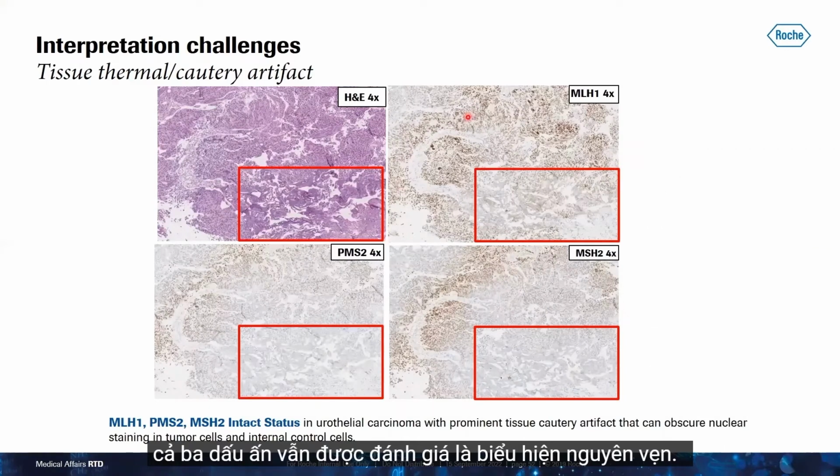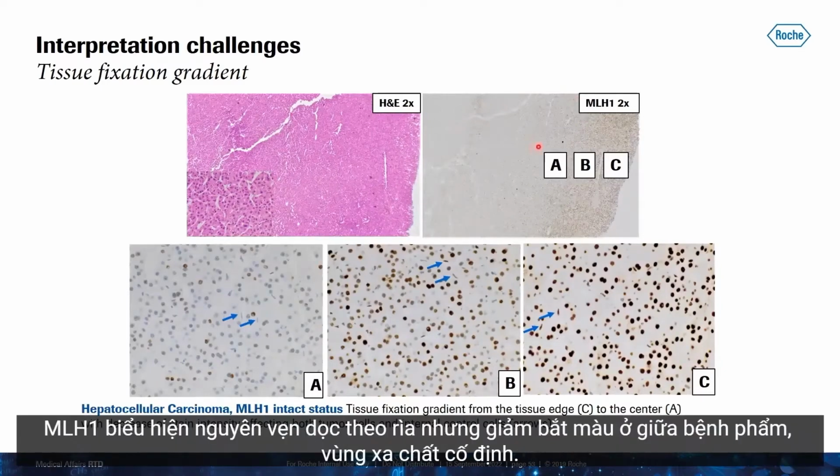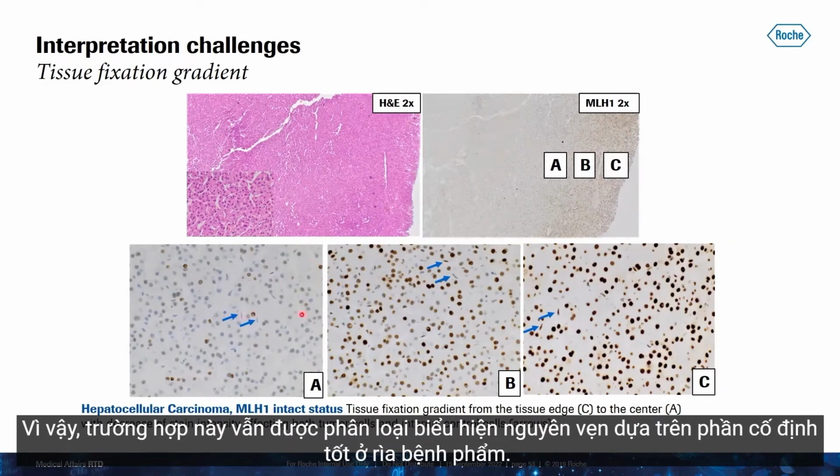Here's an example of tissue gradient in a case of HCC, where MLH1 is showing intact expression along the edge, but diminished staining in the middle of the specimen, where it is away from the fixative. So in this case, it is still categorized as intact status based on the fixed portion of the specimen, which is at the edge of the tissue section.